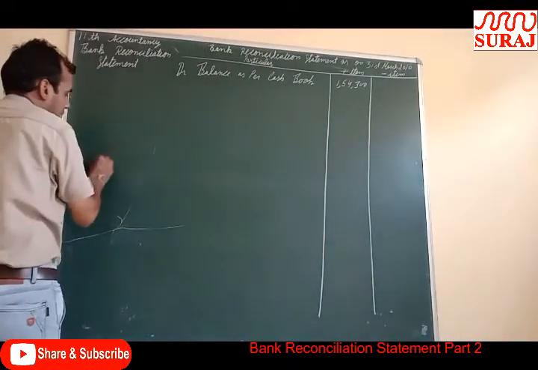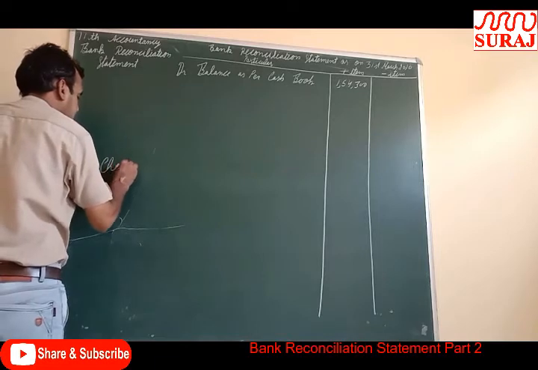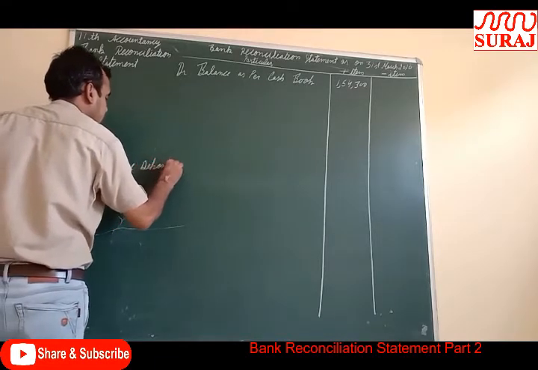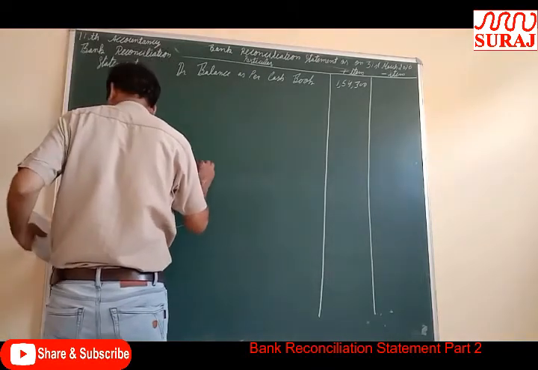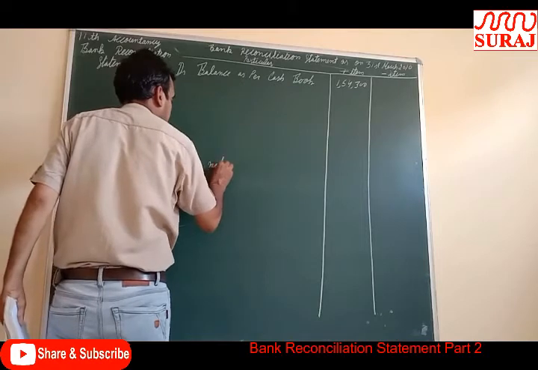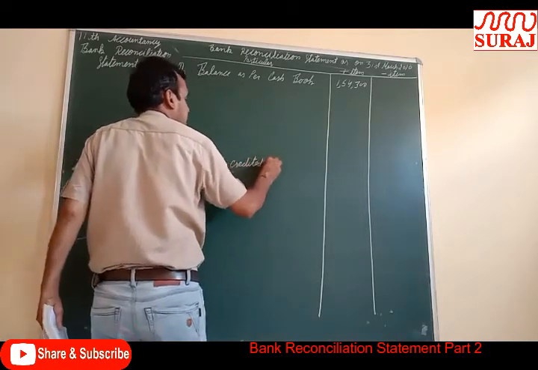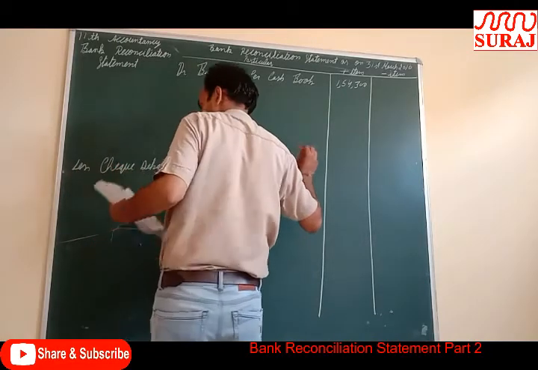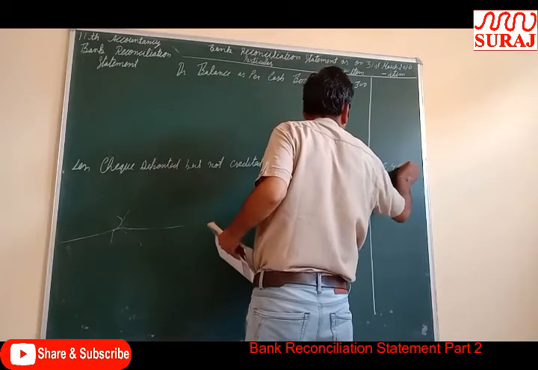So you should less: cheques deposited but not credited by bank, 75,450.